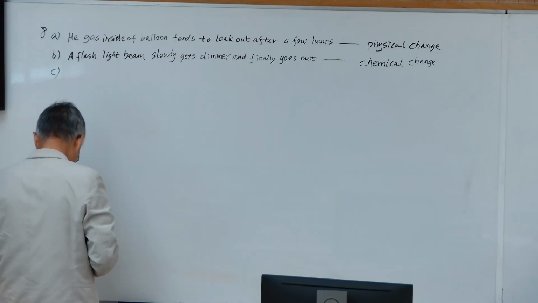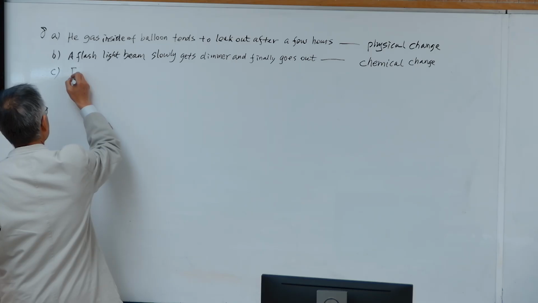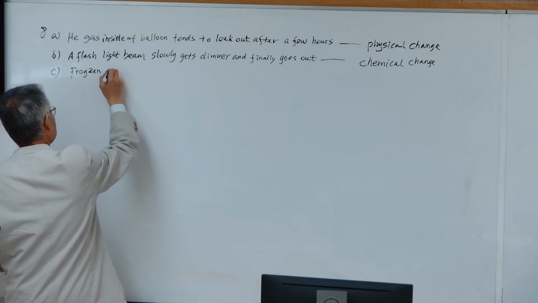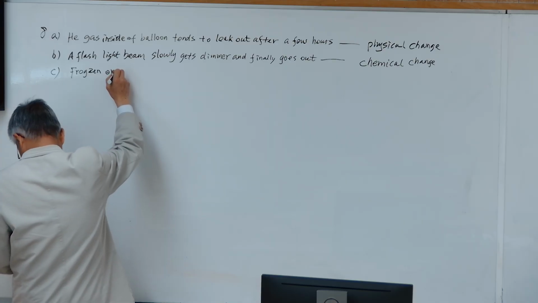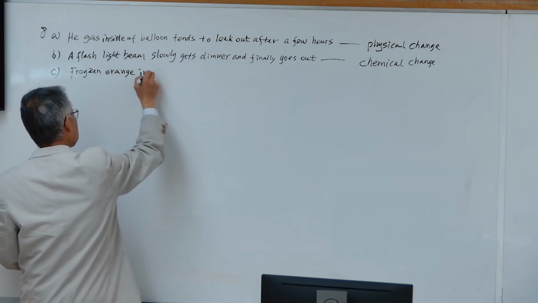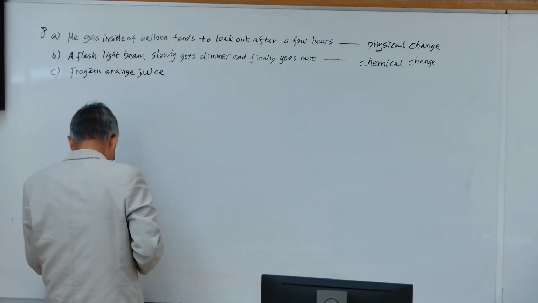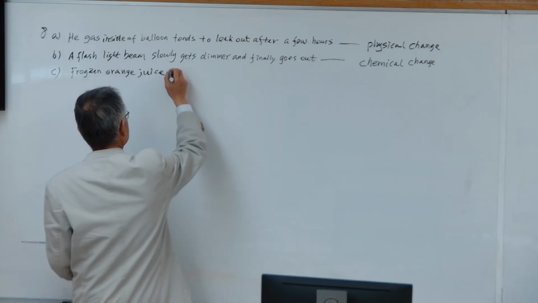C: Frozen orange juice is reconstituted by adding water to it.